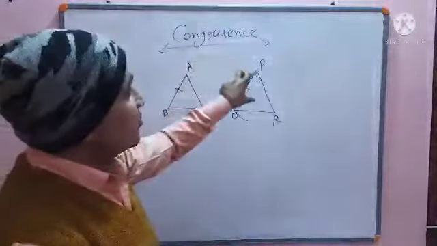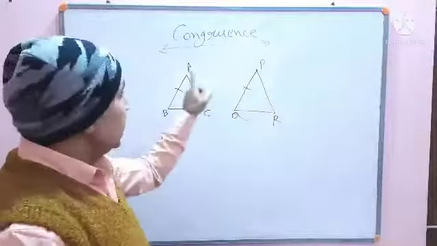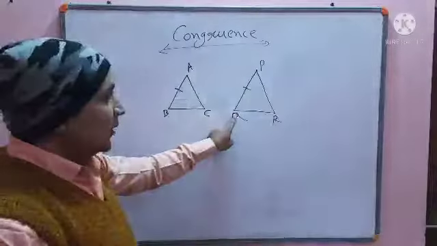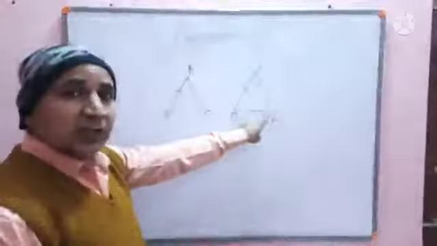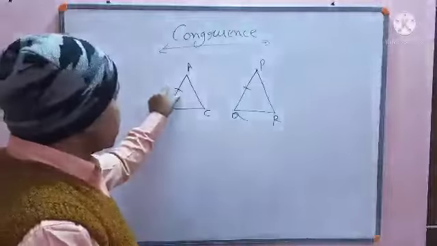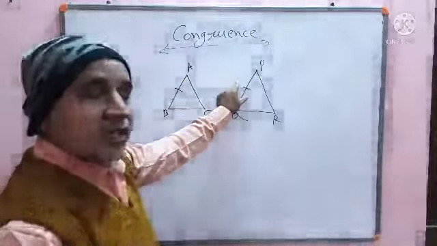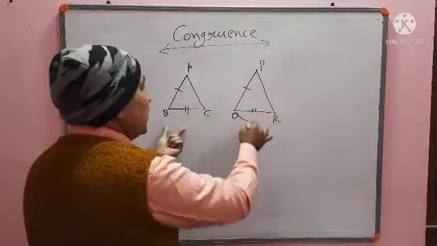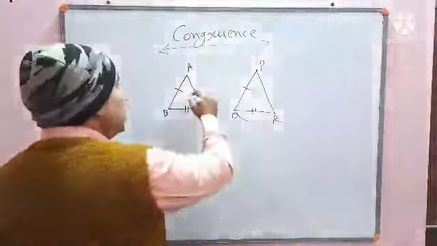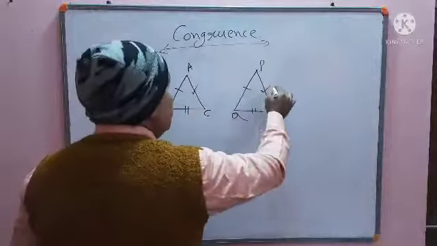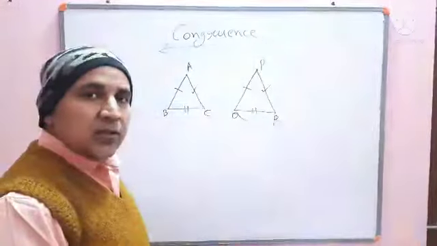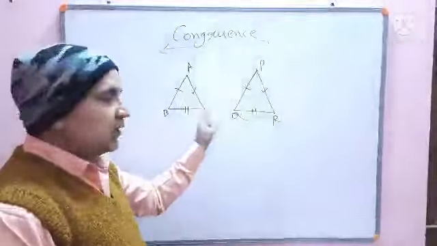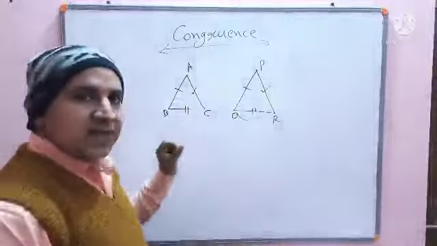Because this triangle is overlapping the second triangle, then point A is falling on P, B is falling on Q, C is falling on R, then definitely side AB will be equal to side PQ. In the same way, side BC will be equal to side QR and side AC must be equal to PR. So from here we can conclude that if two triangles are congruent, then all their sides are equal.